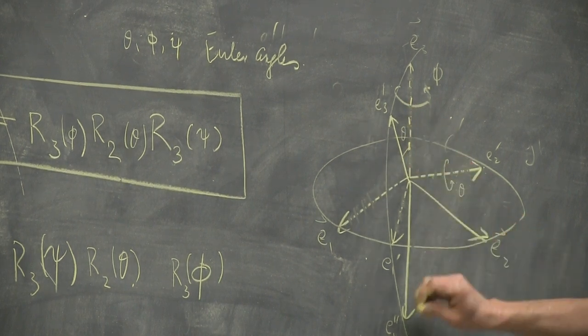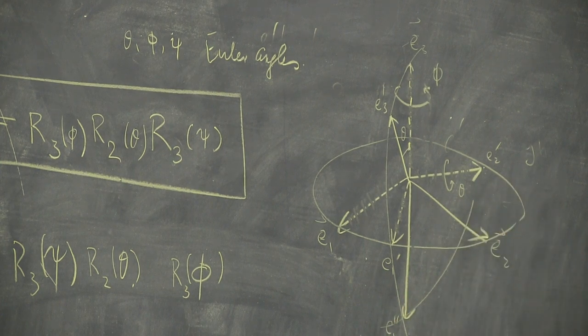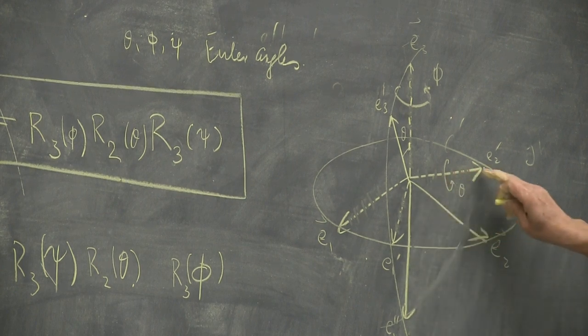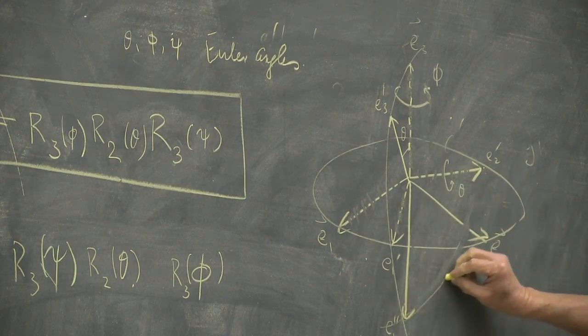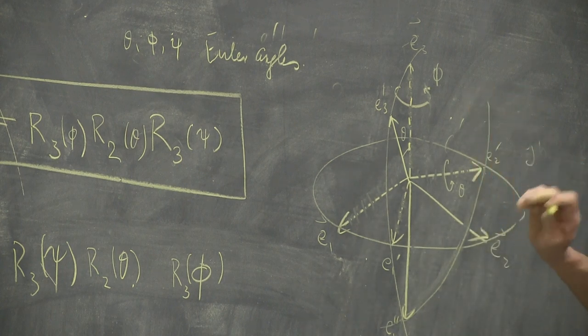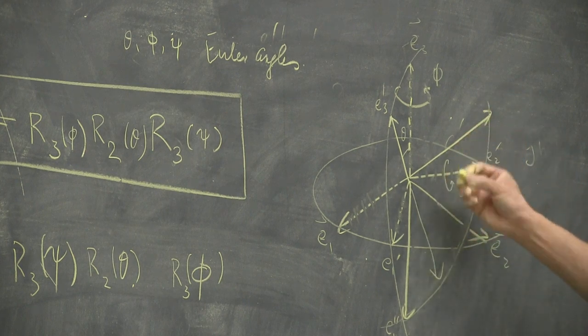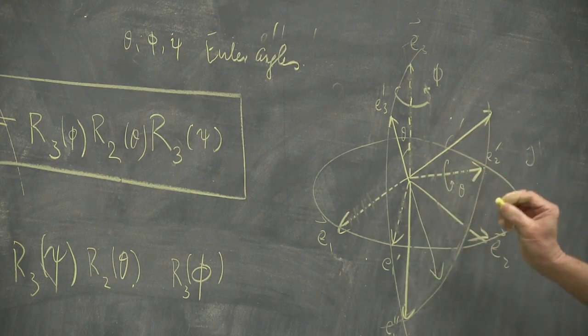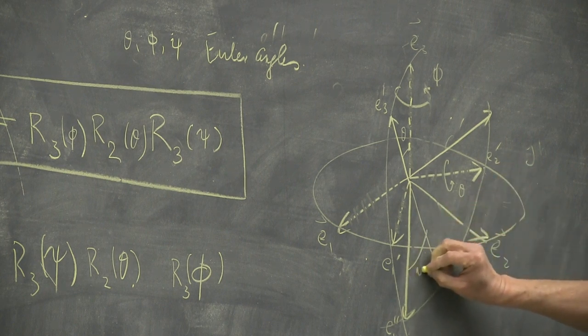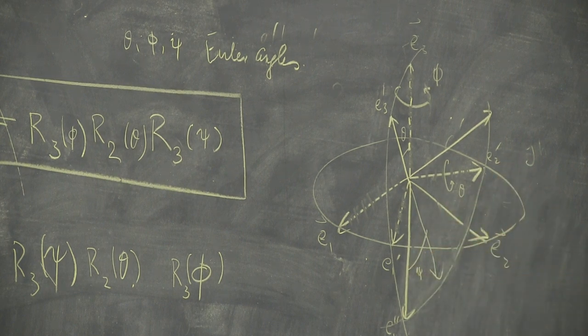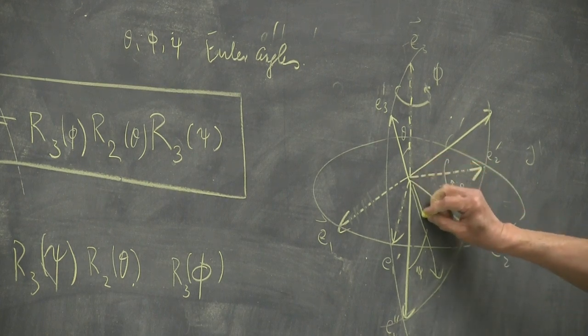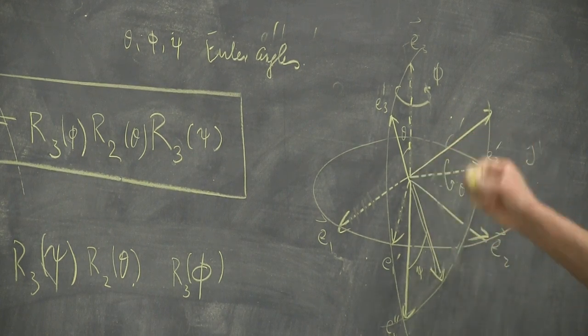In the second rotation, this remains unchanged, right? So the 1, 2 plane, the second one like that. Now you rotate about this one, so the new final axis would be like that. You rotate by this angle psi like that. So this is the final new axis, okay, which I'm going to draw with double lines.